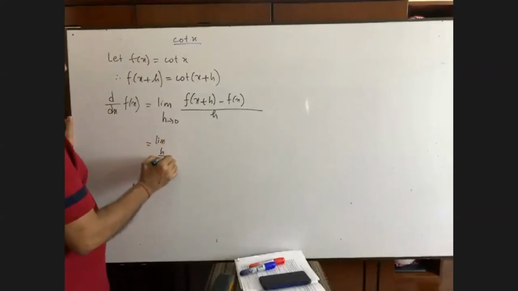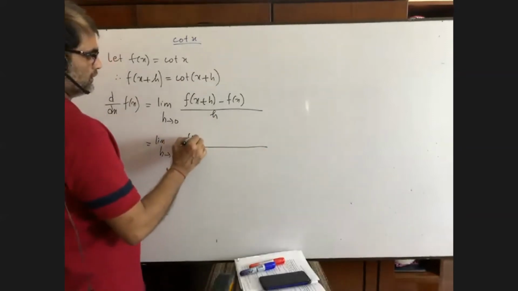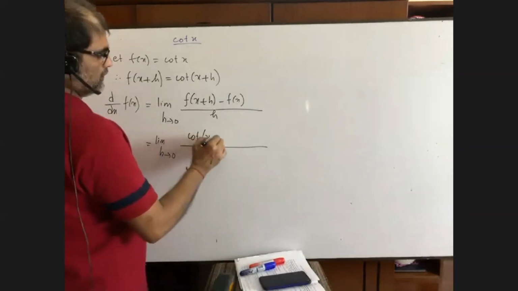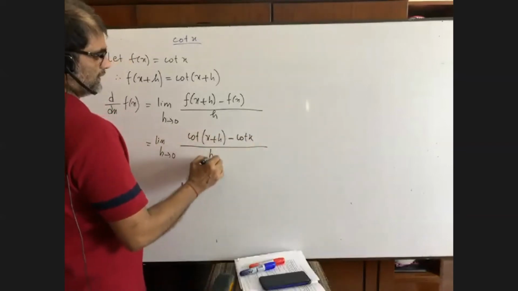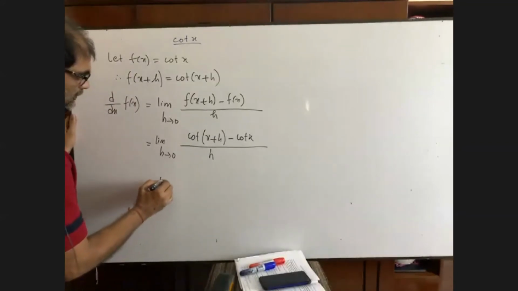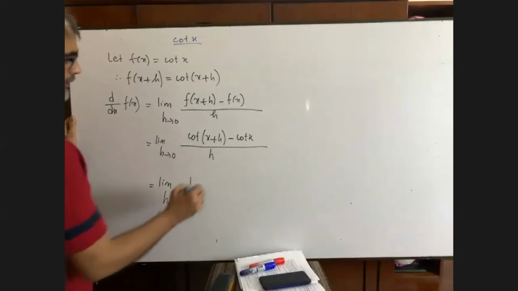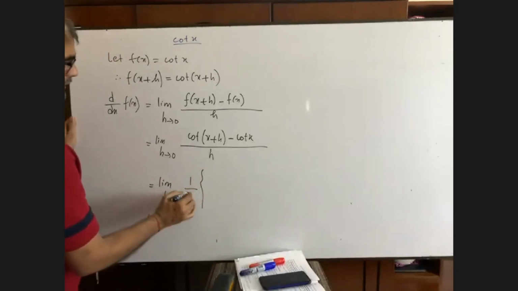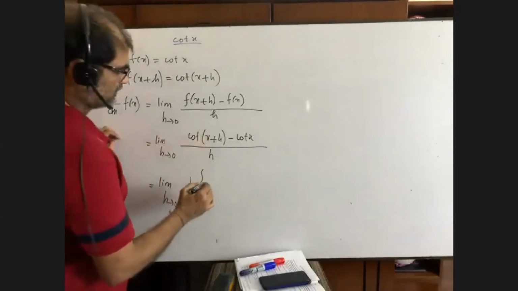Limit h tends to 0, cot of x plus h minus cot x by h. Can you do this math? Limit, it is 1 by h, second bracket, cot theta equals what?